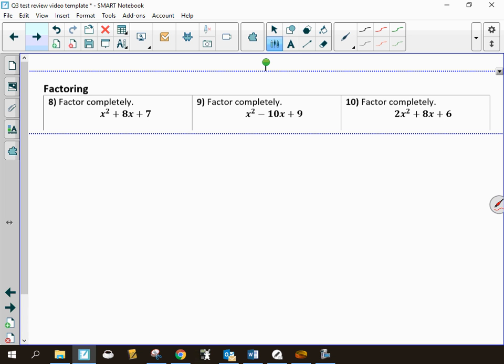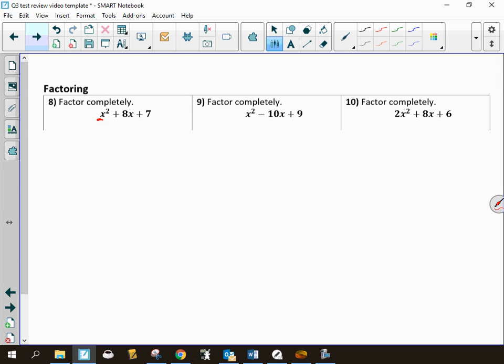And if you are factoring a quadratic and a is 1, then what you're really looking for are two numbers that multiply together to give you 7 that add up to 8. And that will be x plus 7 times x plus 1, because 1 and 7 multiply together to give you 7, but 1 and 7 add to give you 8.